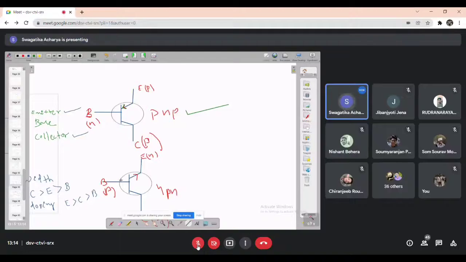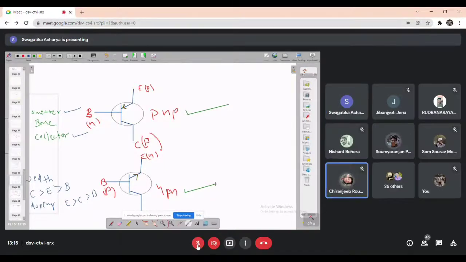If the direction is from the base to the emitter, meaning outward direction, then that will be your NPN transistor. Clear? Clear or not?